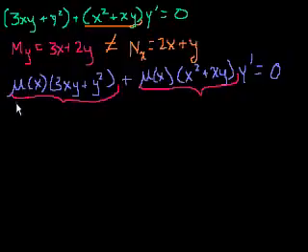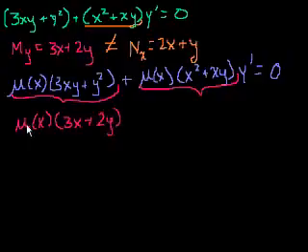When you take a partial with respect to y, a function of x can be viewed just as a constant. So the partial with respect to y is going to be equal to mu of x times 3x plus 2y.